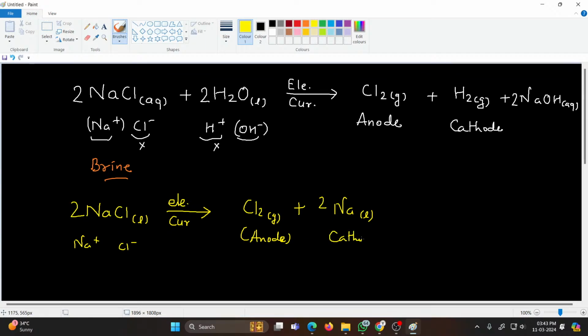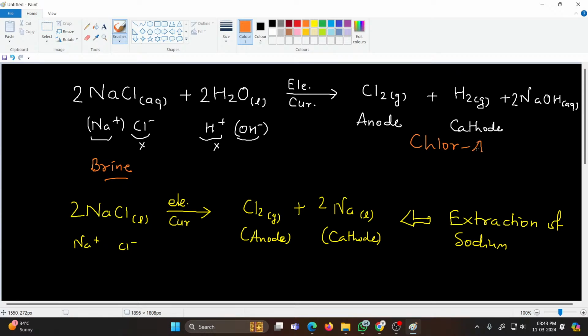So this reaction, you can write it as extraction of sodium, and the earlier reaction, if you want to name it, is called chlor-alkali process. There are two different reactions. This is chlor-alkali process, and then this reaction is extraction of sodium.